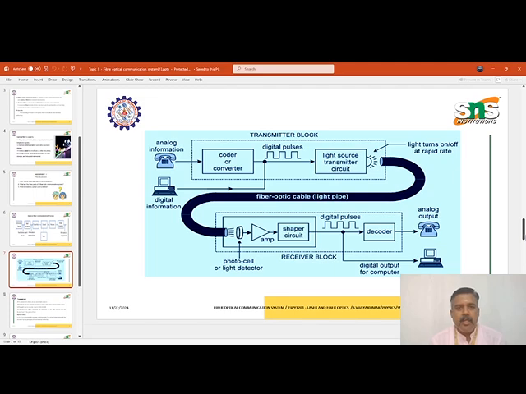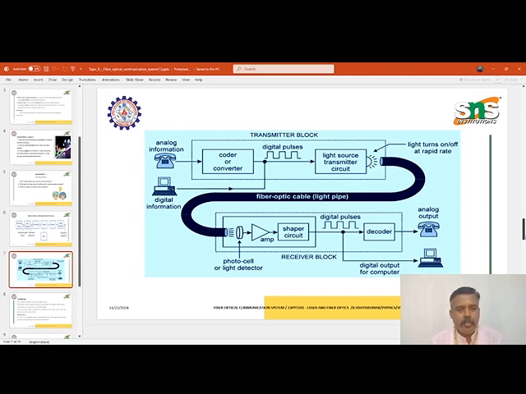This is a clear block diagram with the parts. The analog information is the input signal of the transmitter block. The three parts we discussed in the communication system are: one, the transmitter block; second, the waveguide medium; and third, the receiver block. The transmitter block consists of two parts: one is a coder or converter, and another is a light source transmitter circuit.